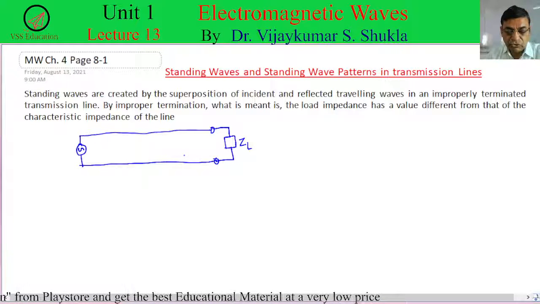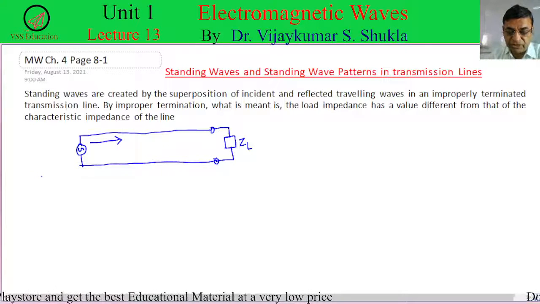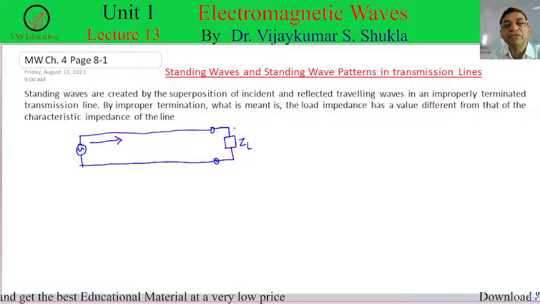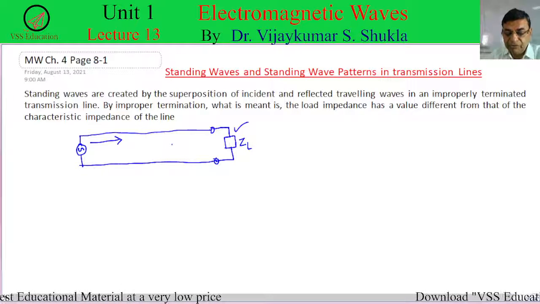Okay, so signal energy from your source is transmitted along this transmission line from the source or generator to the load, right? Here this load is there, so it is transmitted through the transmission line to the load or receiver in the form of voltage and current waves. All right.